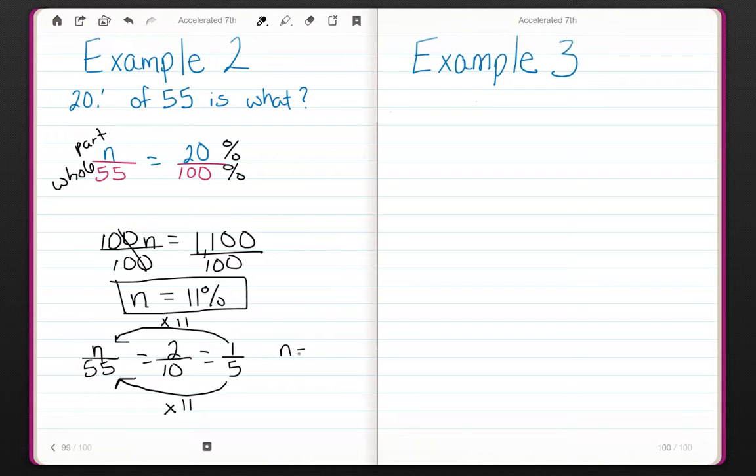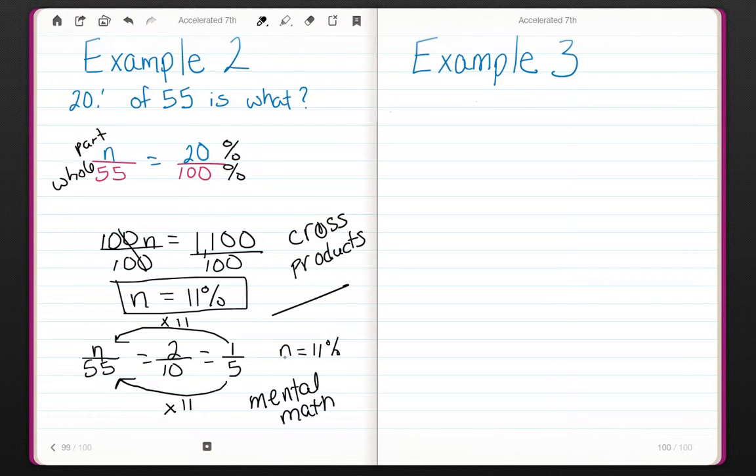So therefore n equals 11%. This would be more mental math. And this cross products is going to be more showing your work. Okay? Either way works. Choose the one that works best for you. That might also change depending on what the math is. Okay? So, let me fix this really fast. This said 20%. There we go.